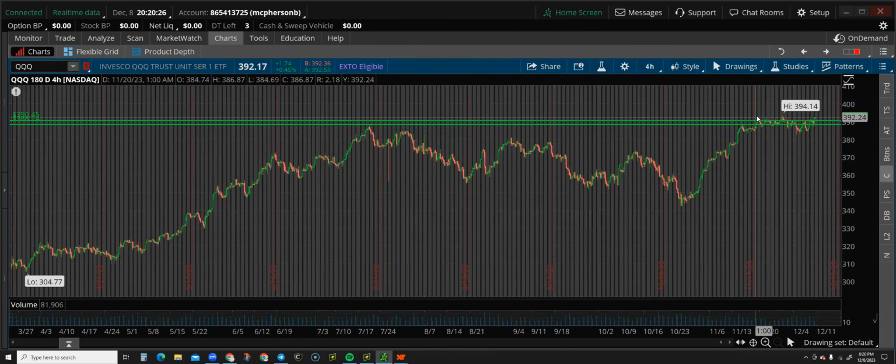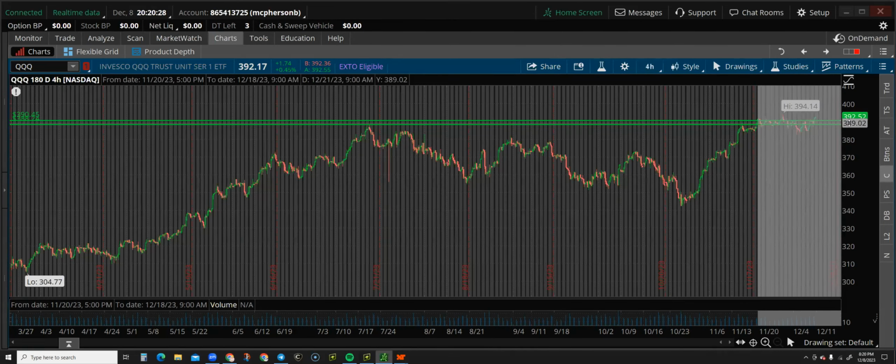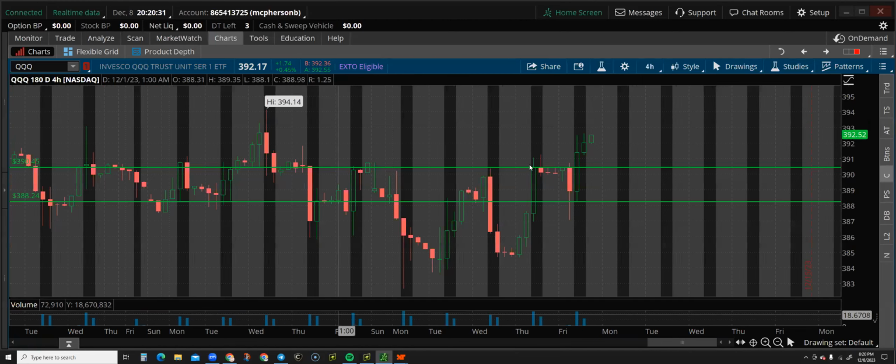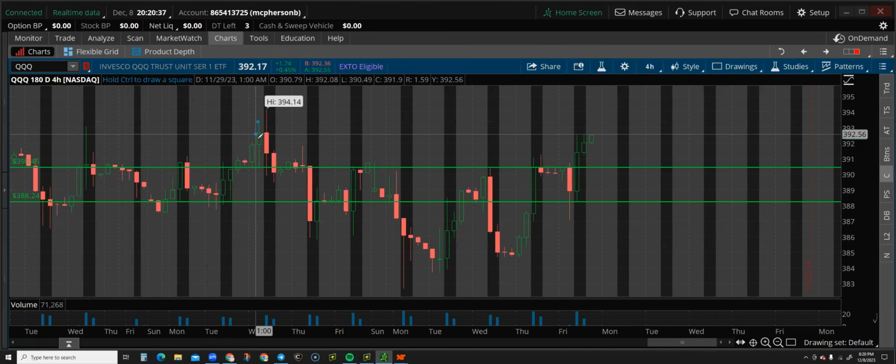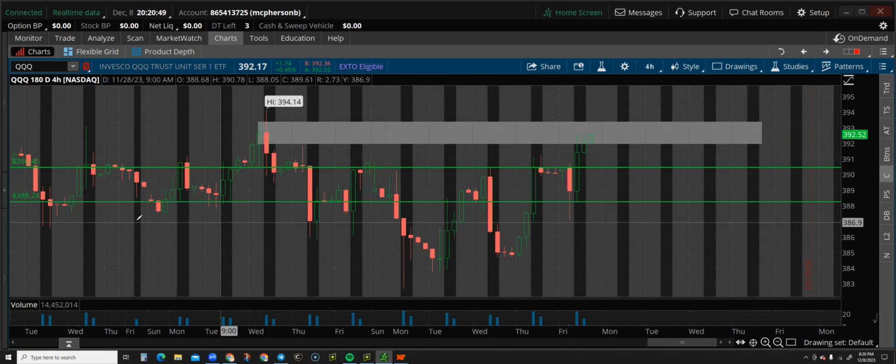Because that 4 hour chart is telling you that you have a supply zone up here. See that? The market just doesn't stop just because.